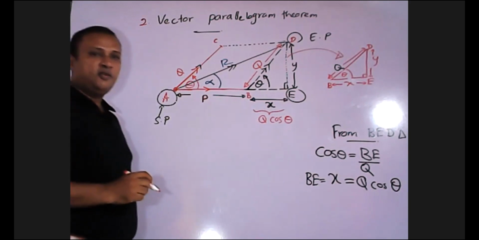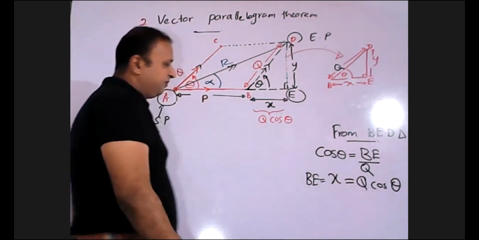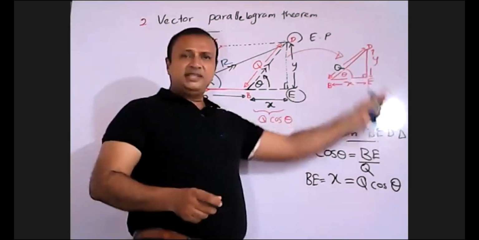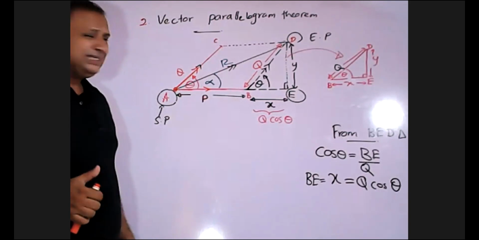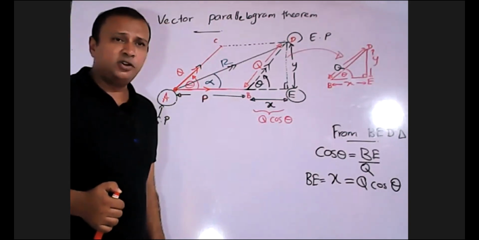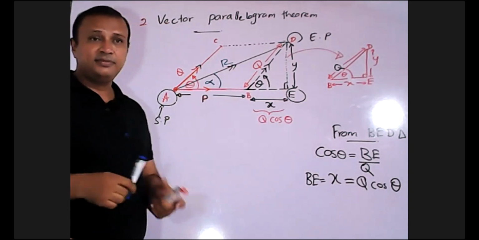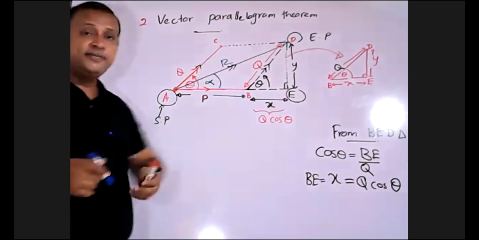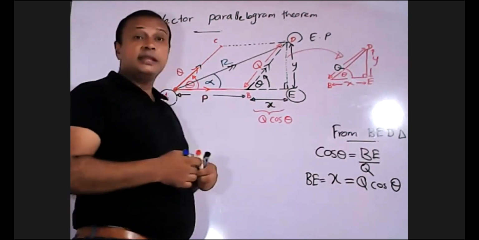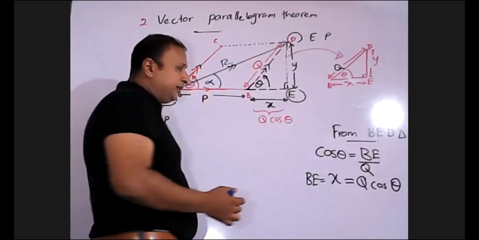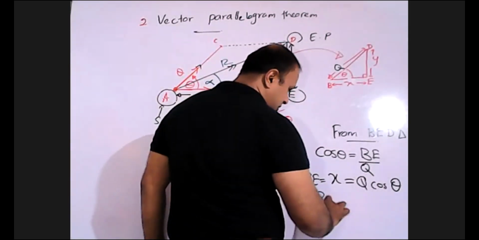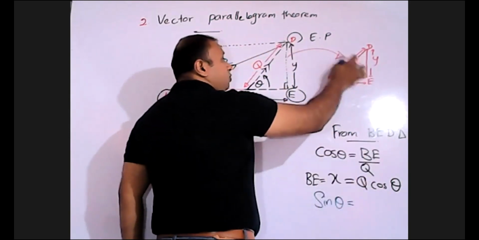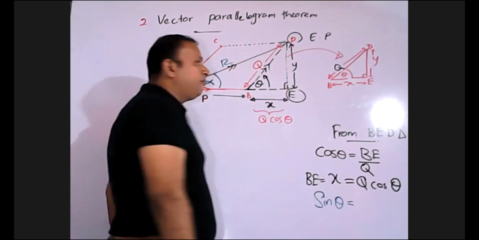Likewise, find the value of Y. Y is the opposite side to theta. So how to find Y? Then you have to use sine theta. Sine theta is opposite side over hypotenuse.